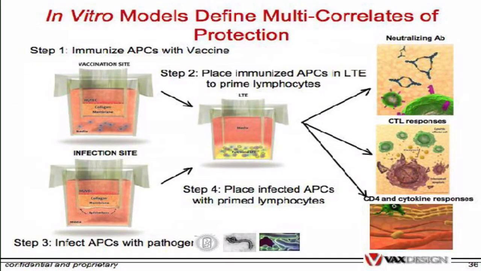When we take our three-dimensional constructs from our PTE module, a representation of what happens in the skin or a mucosal equivalent, and challenge it with an antigen, we can place those antigen-presenting cells into the LTE and prime the lymphocytes, either CD4 or CD8 cells, and check how those cells function in an additional disease model.